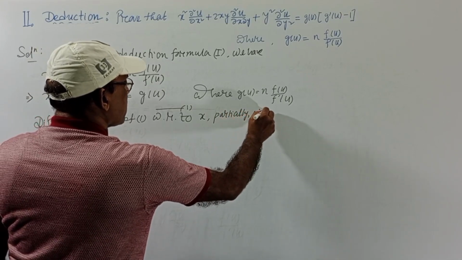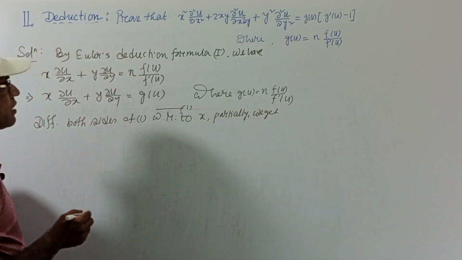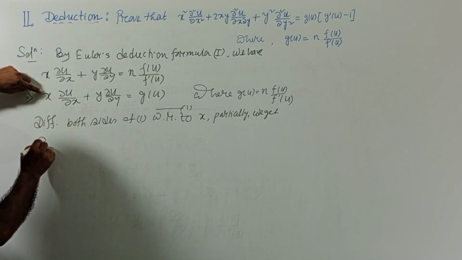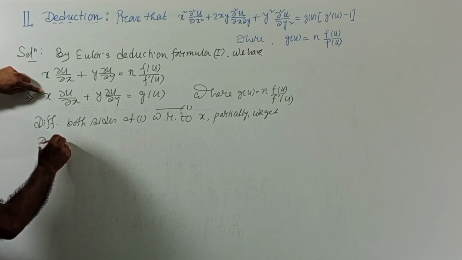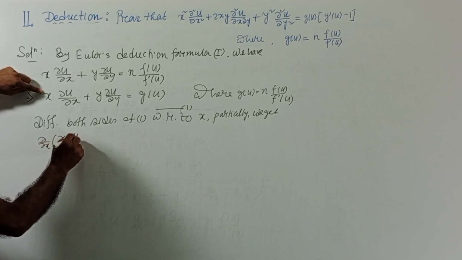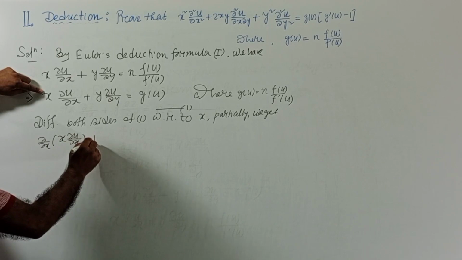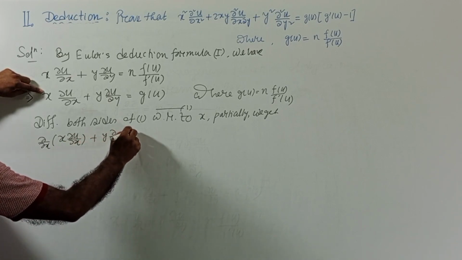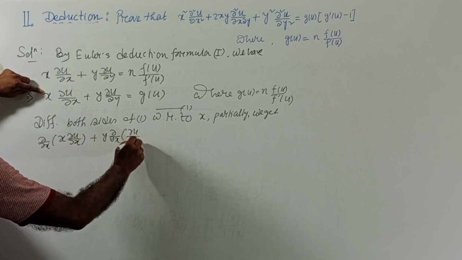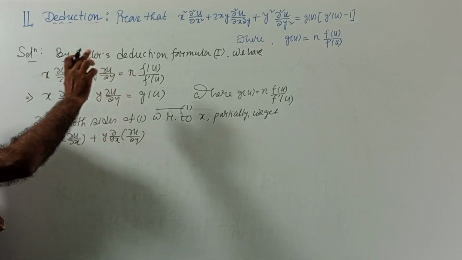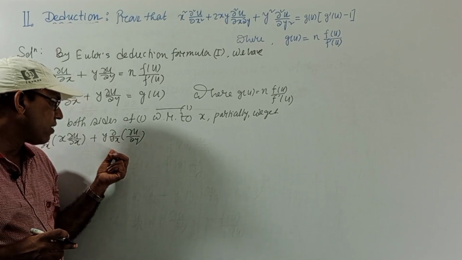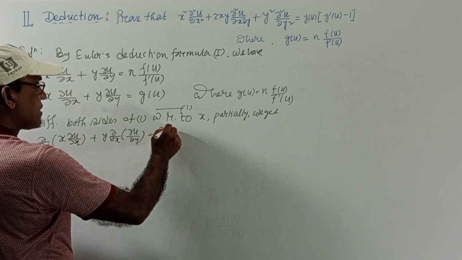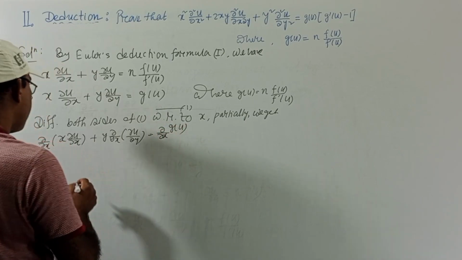We get del x of x del u del x plus y del x of del u del y. We are taking y outside because we differentiate partially with respect to x; at that time y is constant. So this is del x of g of u.